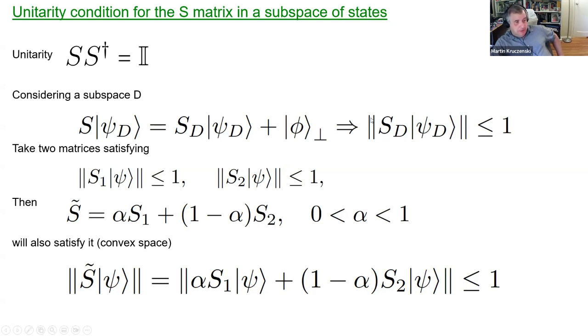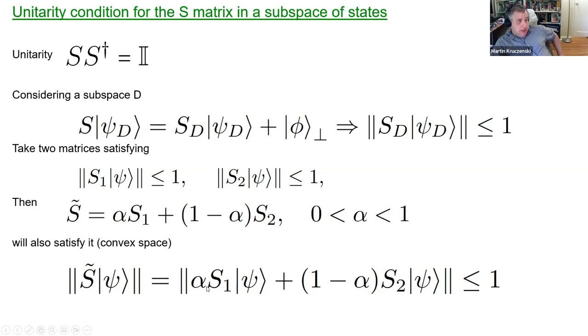The space of matrices that satisfies that the norm of this state is less or equal than 1 for any state in the subspace is convex, because if I have 2 S matrices that satisfy that, and I make a linear combination with alpha between 0 and 1, that means in this infinite dimensional space of S matrices, I consider a segment between the two. Then the norm of S tilde applied to psi, where psi is any state in the subspace, will be this.